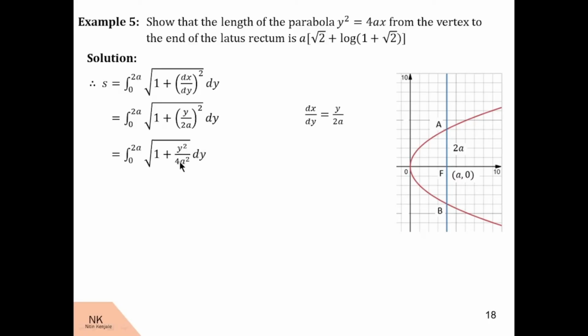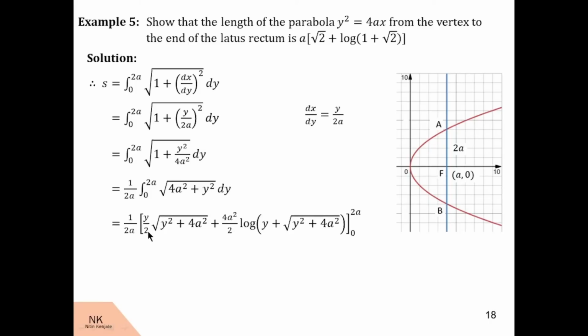Then cross multiplying this and taking out 1 by 4a square, we have 1 by 2a outside the integral, and inside the integral we will have under root of 4a square plus y square dy, whose value can be given by y by 2 into under root of y square plus 4a square, plus 4a square by 2 into log of y plus under root of y square plus 4a square, over the limit 0 to 2a.